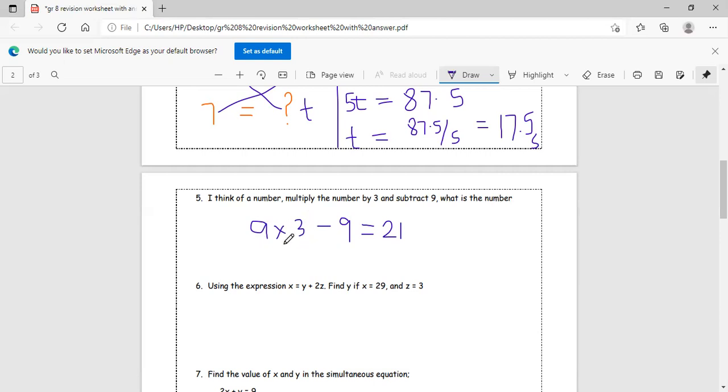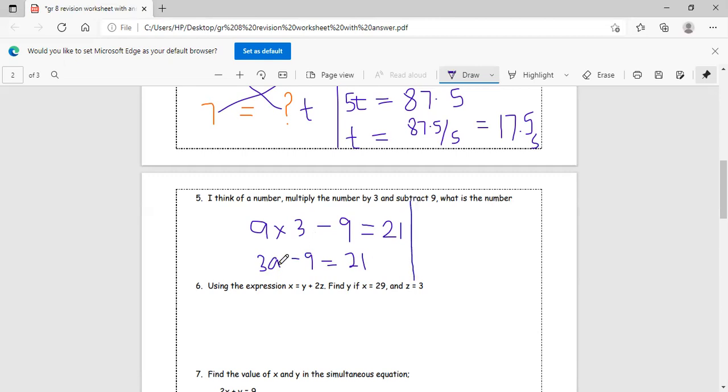So A multiply 3 is 3A. Right? Now, minus 9 is equals to 21. So what will I do? I will take this minus 9 to the other side, and I'm sure by now you know what that means.